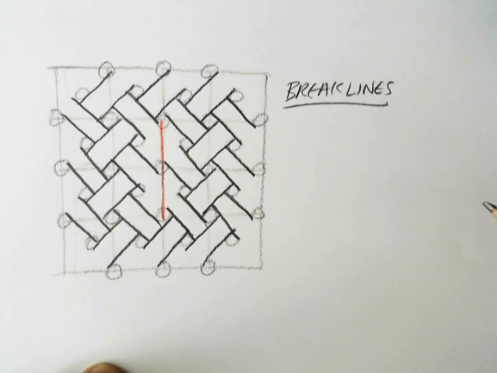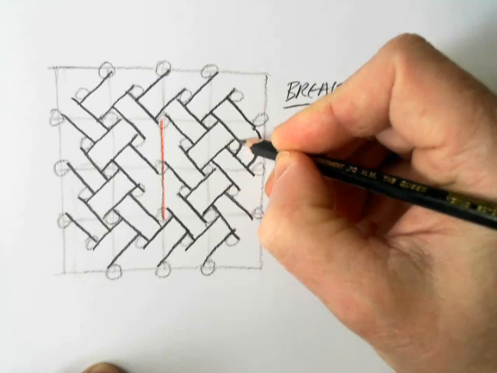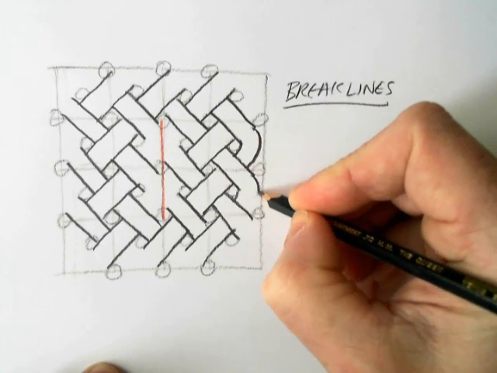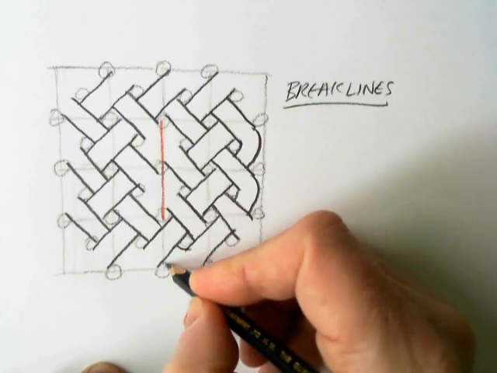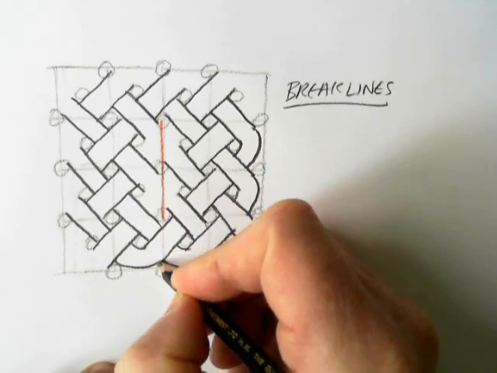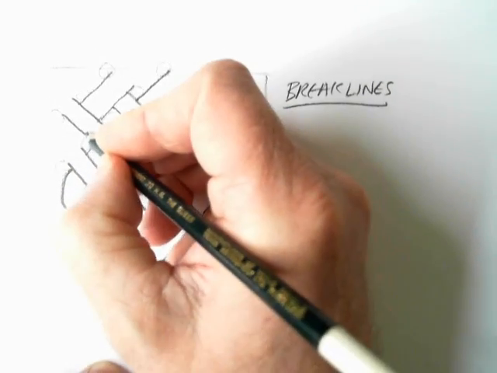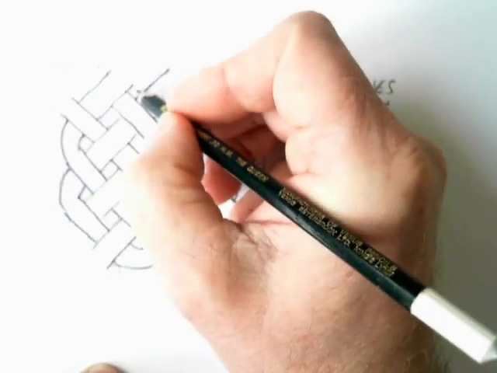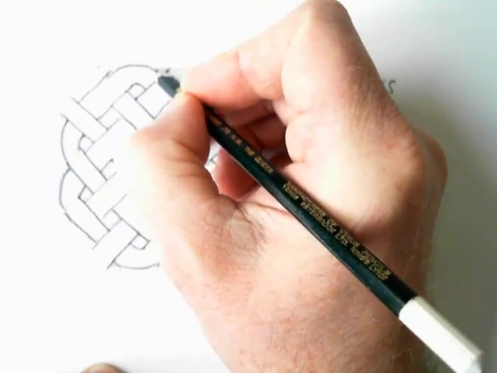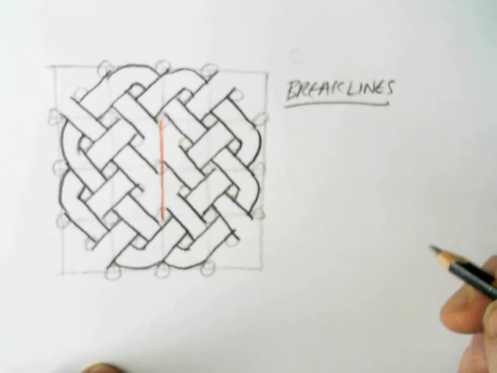So there we are. Now we do the sides just as you did on the others, just bending them round, making sure they look as though I'm not going to be too fussed about it. Okay, and here, there's all your sides.